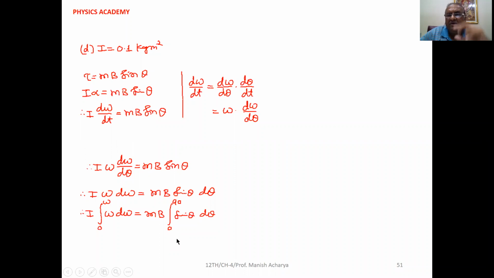Now the coil is rotated from 0 degree to 90 degree, and its angular speed, suppose, becomes from 0 to omega. So now integrate this equation on both sides. On the left hand side, the limits of the integration are 0 to omega, and on the right hand side, the limits of the integration are 0 to 90.